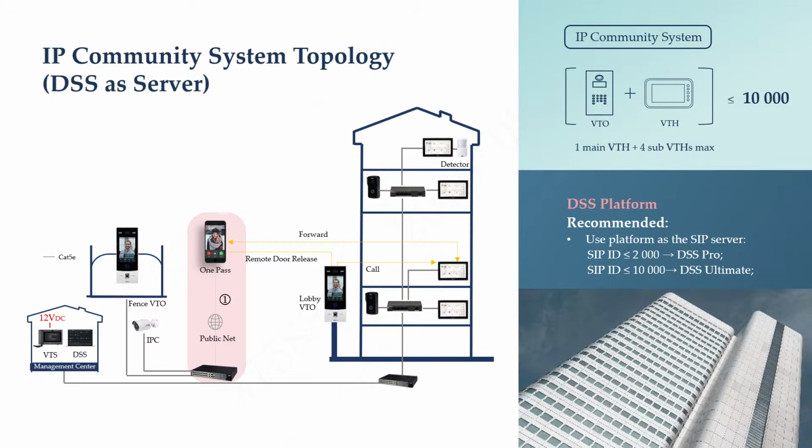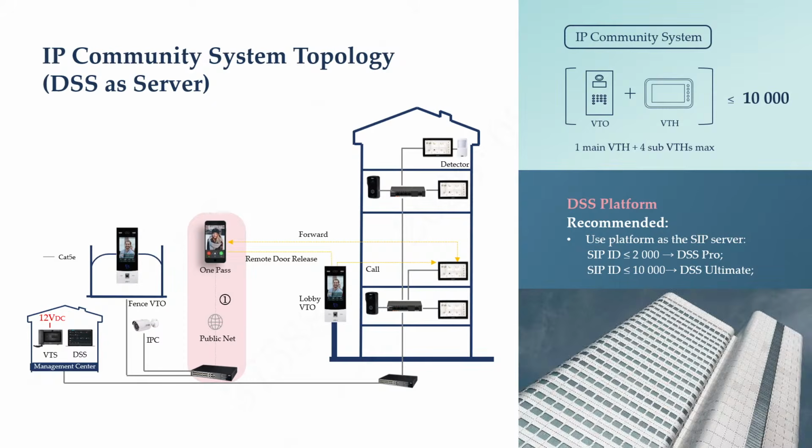And also you can integrate your IPC, so the VTH can decode the IPC stream, and you can have a double check from your gate IPC about the visitor standing in front of the door.